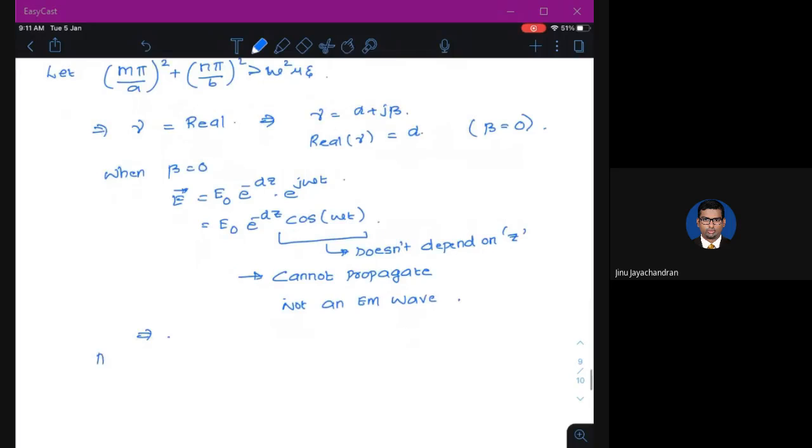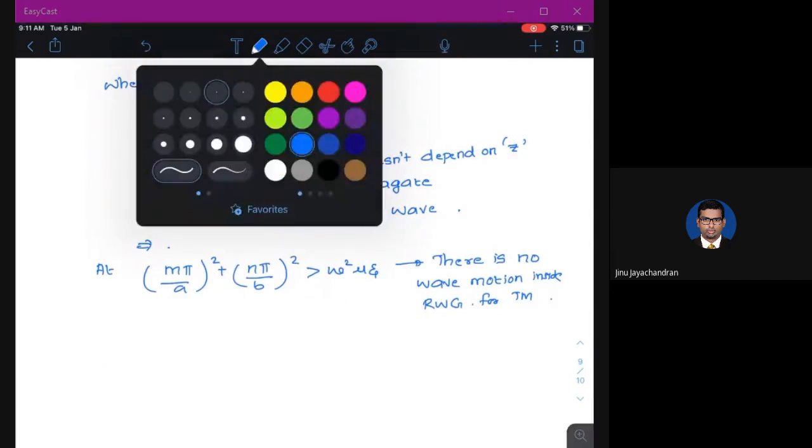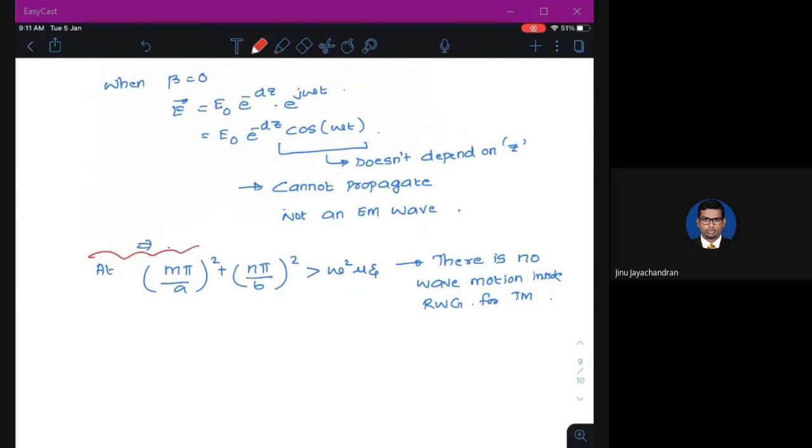This implies at (mπ/a)² + (nπ/b)² greater than ω²με, there is no wave motion inside the rectangular waveguide. So this is for TM. This is a very important result. So what is the argument?